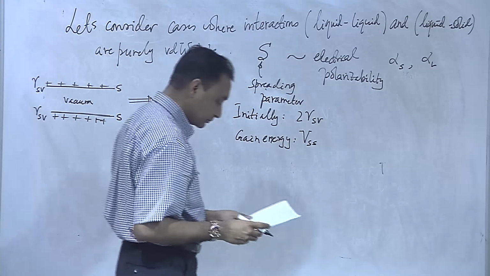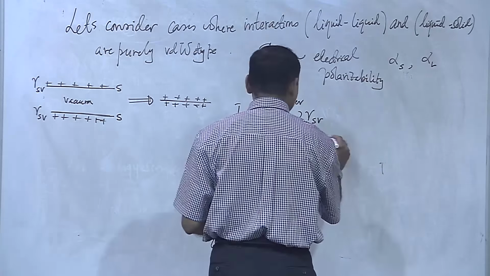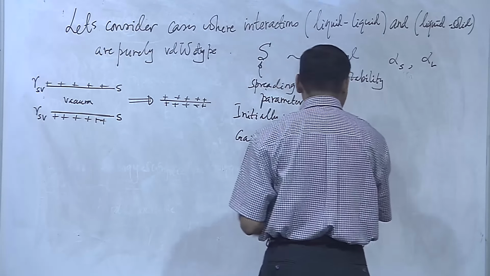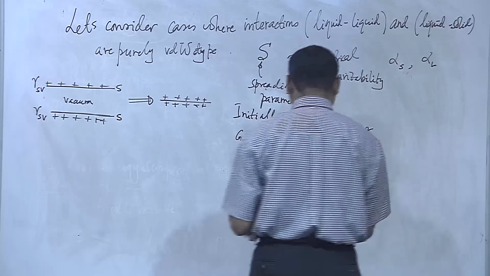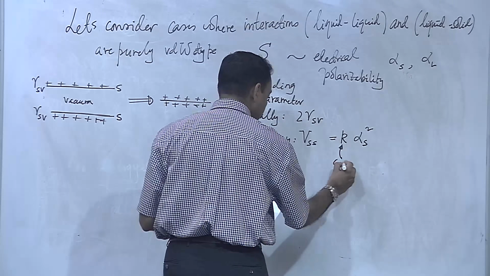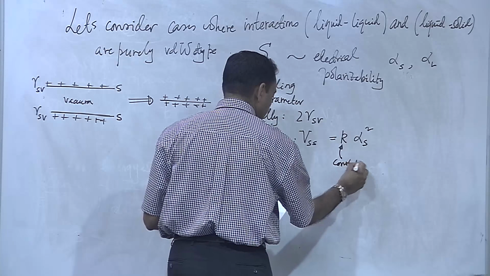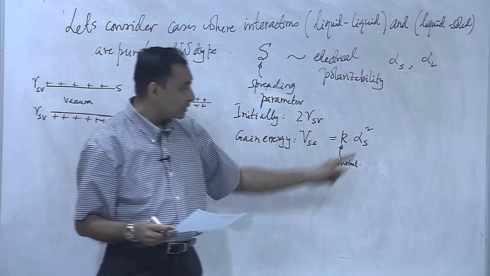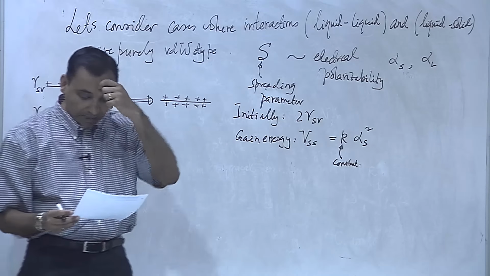Okay. And that can be related to some constant times alpha S square. Okay. So, K is some constant, and that is related to the polarizability, which is alpha S square. Okay.